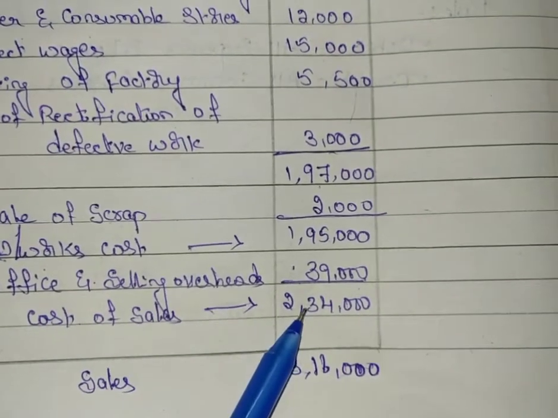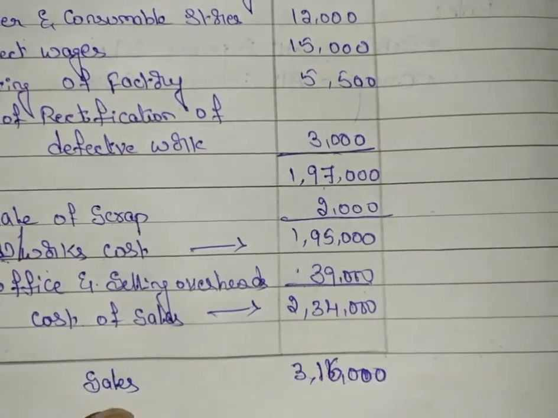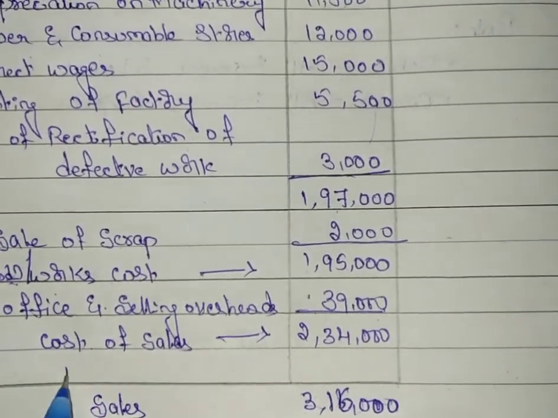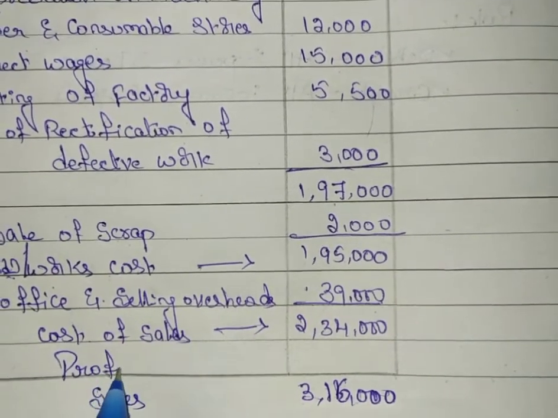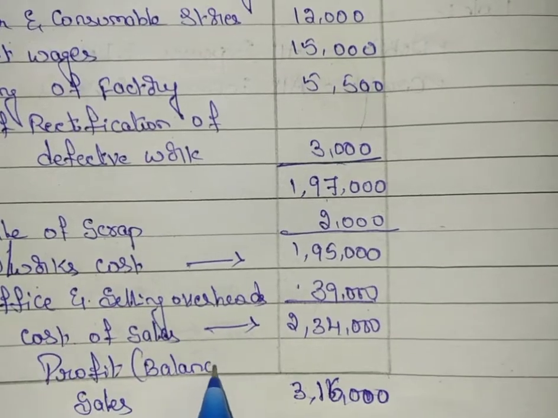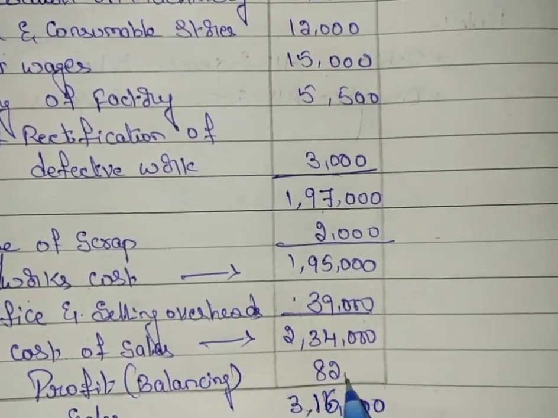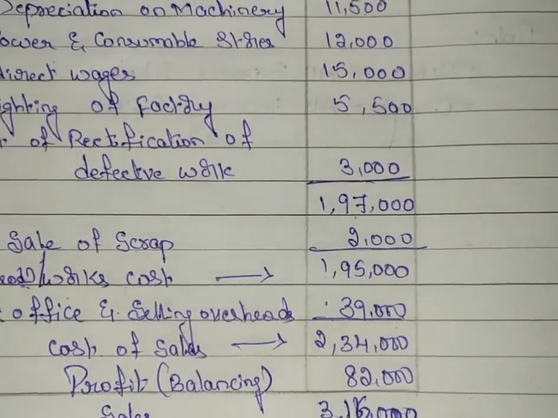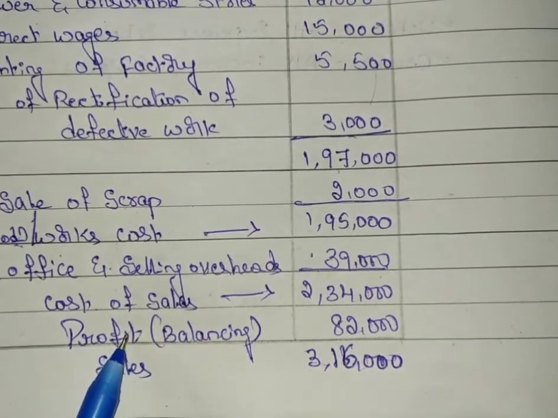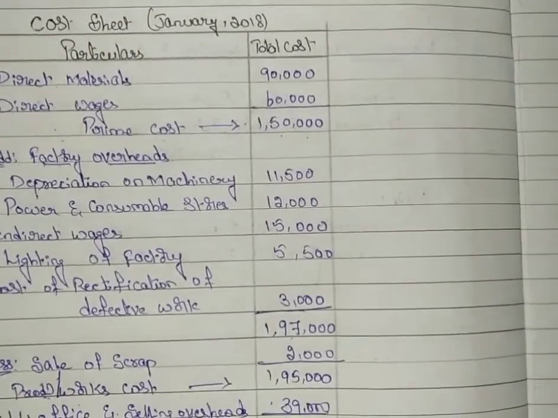The cost of sales is 2,34,000, sales amount is 3,16,000. So the total sales amount is more. The difference of these two will be considered as the profit, that is the balancing figure. So the difference will become 82,000. In case the sales amount is less than cost of sales, then it will be considered as a loss. So this is how we'll go for preparing the cost sheet.